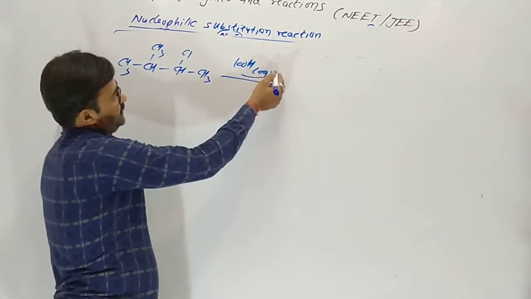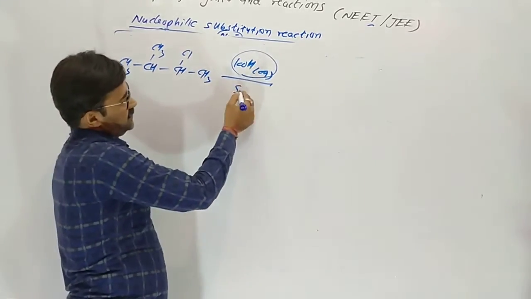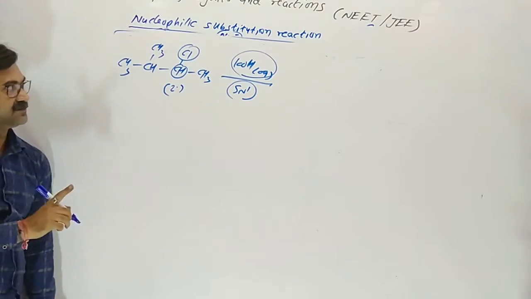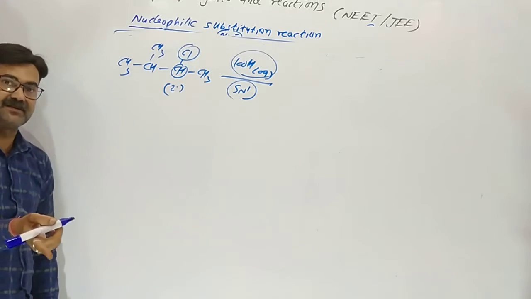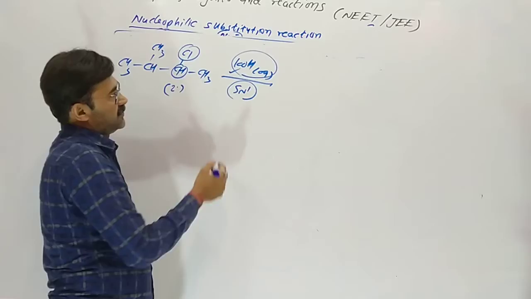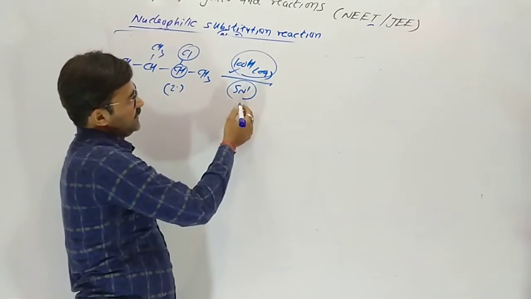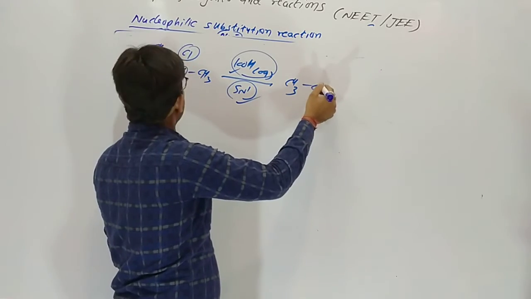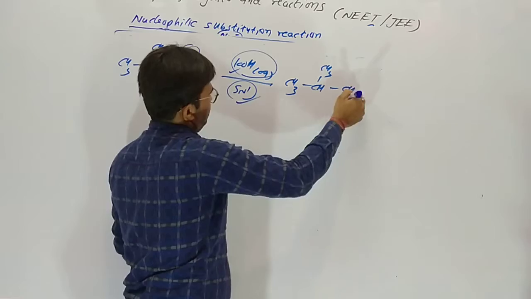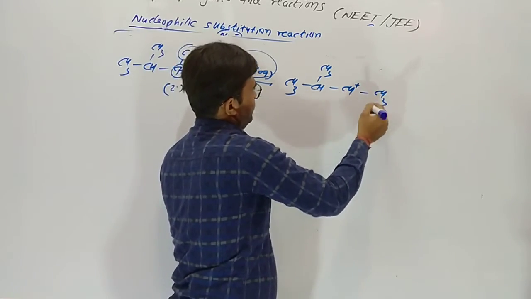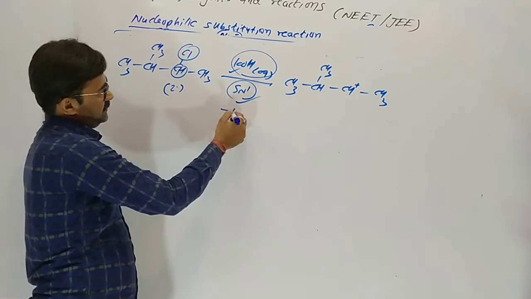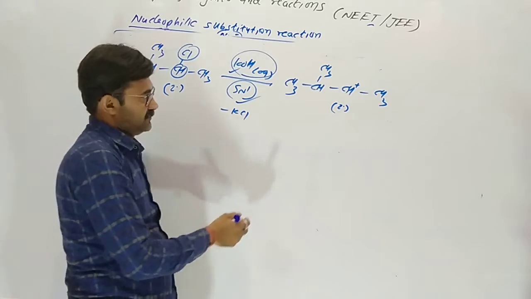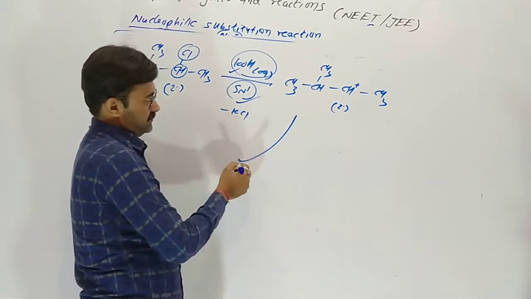Here you can see aqueous solution is given, and the halogen containing carbon is secondary. So there are two possibilities, SN1 and SN2, but here our solution is protic, water containing, so it gives SN1. After removal of chlorine with KCl, it gives a secondary carbocation. So here rearrangement occurs.